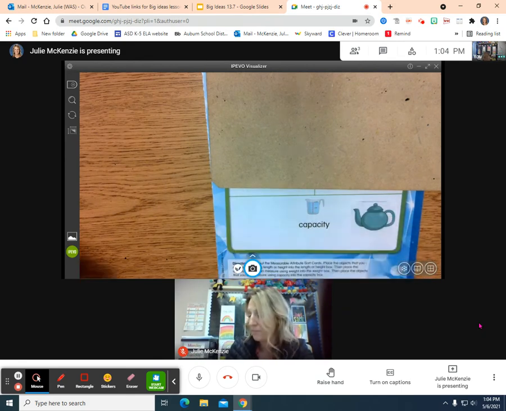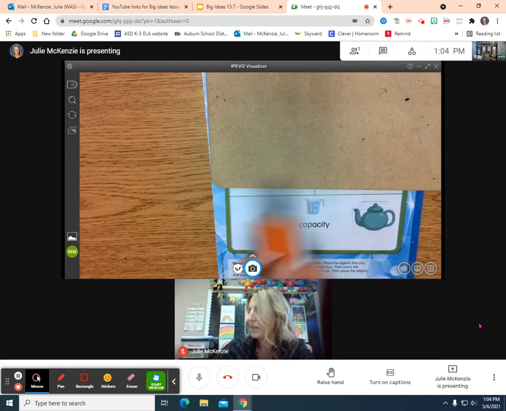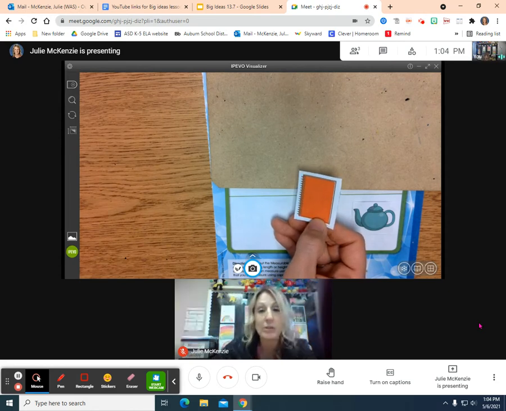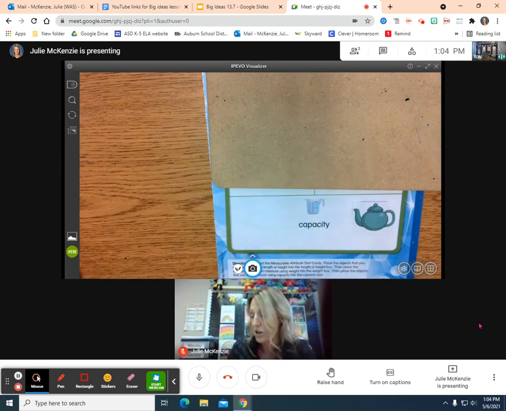Yes, we could. That has capacity. What about a notebook? Could we fill the notebook up with something to see how much water it holds or how many marbles it holds? No, we could not. That's a thumbs down. A notebook does not have capacity as an attribute, so that's a no.